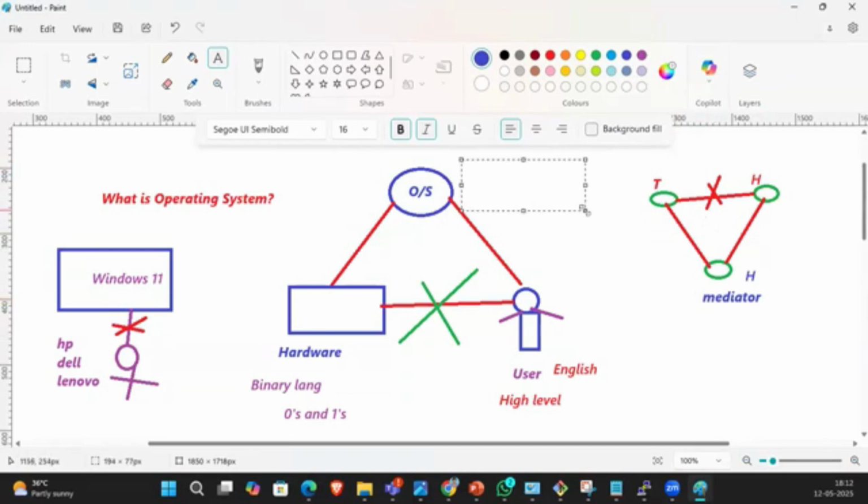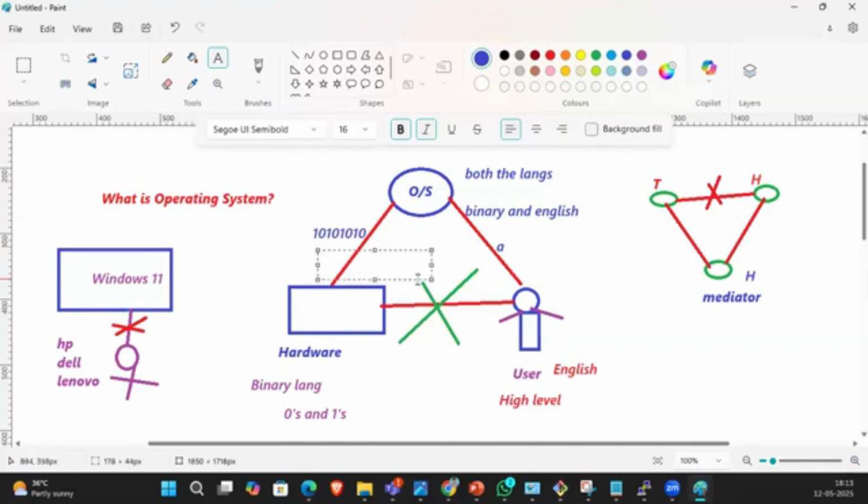Here, the OS knows both the languages. What are the languages? Binary and the English language. Whatever message the user conveys, for example a small a, the OS takes that and translates it to binary language, 101010.